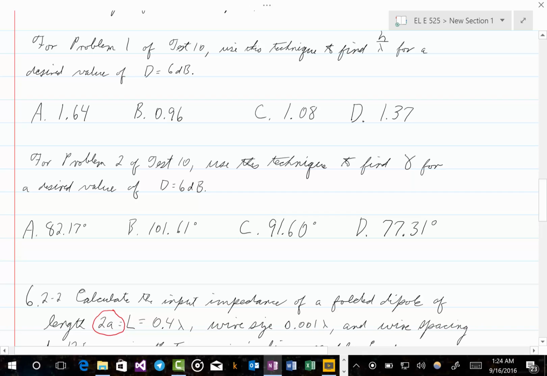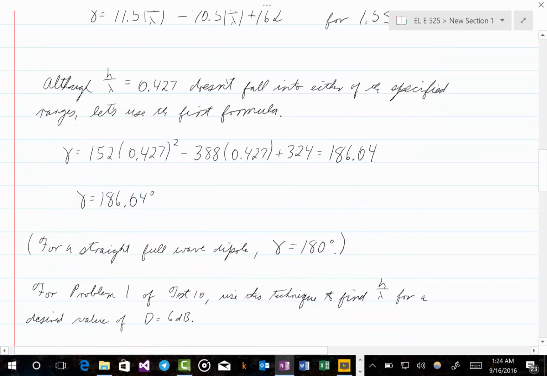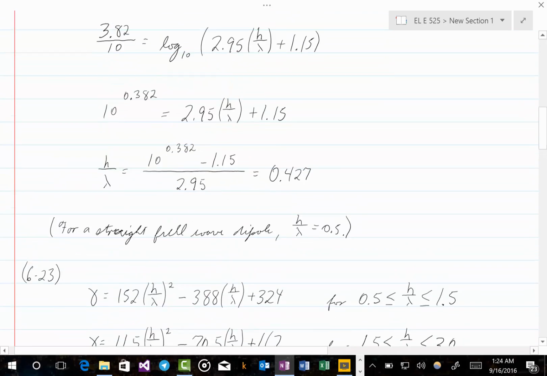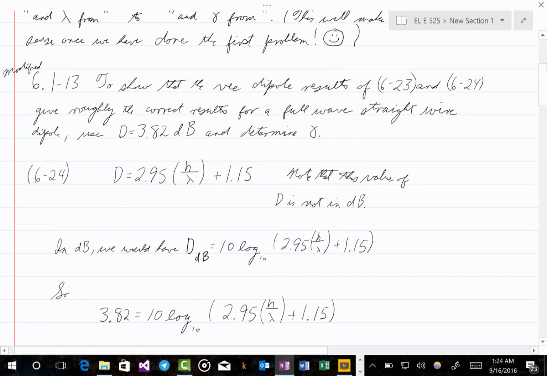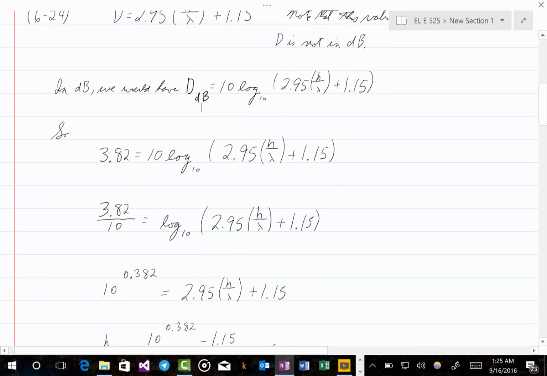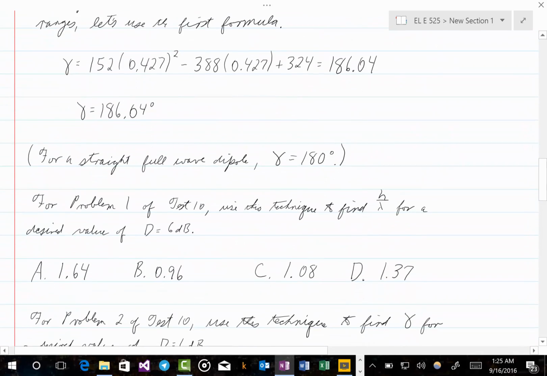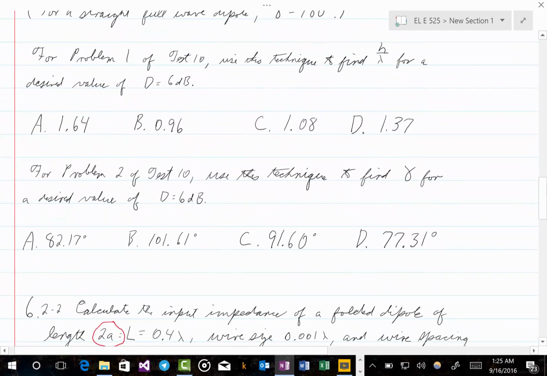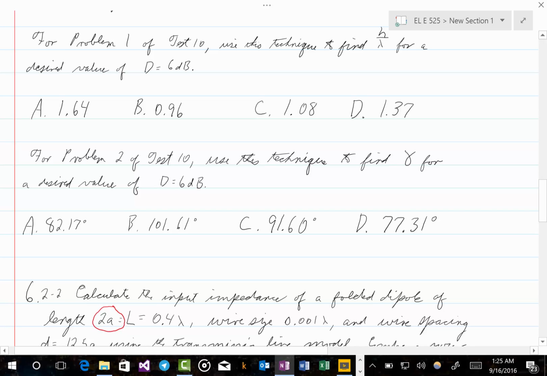So for problem 1 of test 10, you're asked to use exactly this same technique to find h over lambda for a desired value of D equals 6 dB. Now again, in the problem above, we were using the directivity for the straight wire full wave dipole, which is 3.82 dB. But here in this problem, we have a desired directivity of 6 dB.